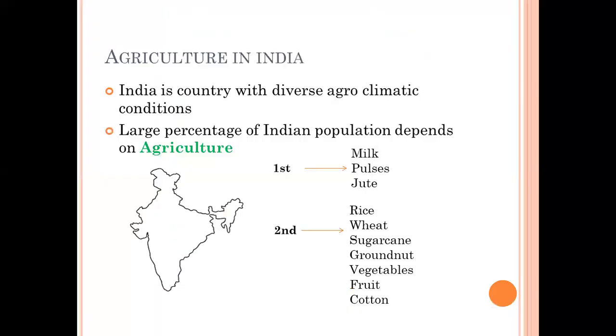Before talking about export, let's see the status of agriculture in India. This is the slide I have shown, as we all know, India has diverse agroclimatic conditions, and the majority of the Indian population depends on agriculture. Talking about our strengths, India is the largest producer of milk, pulses, and jute, and the second largest producer of rice, with sugarcane, groundnut, vegetables, fruits, and cotton.